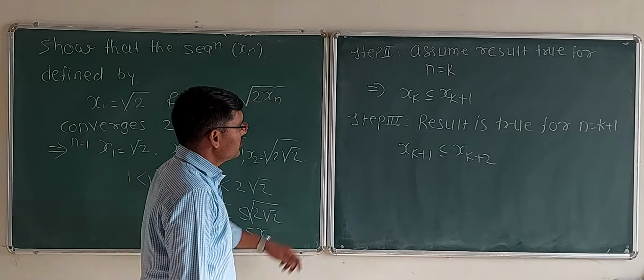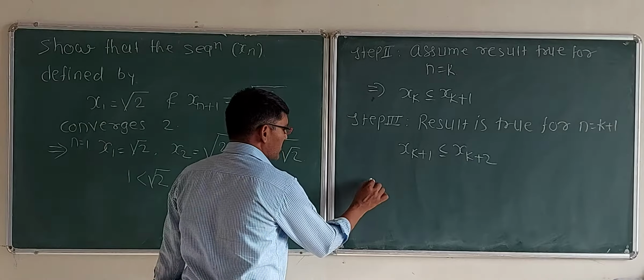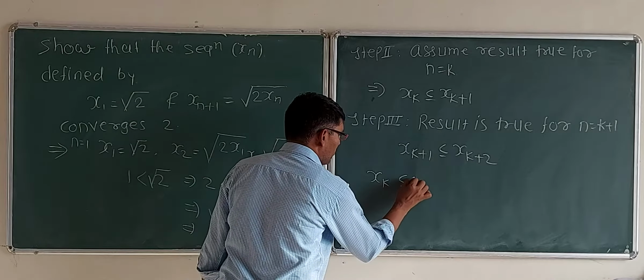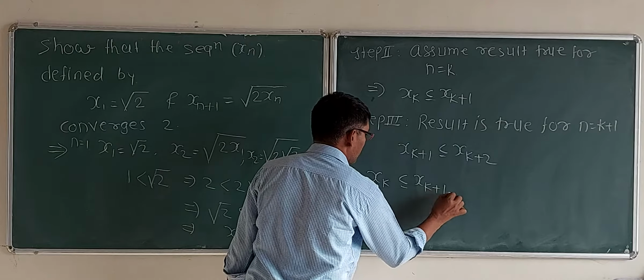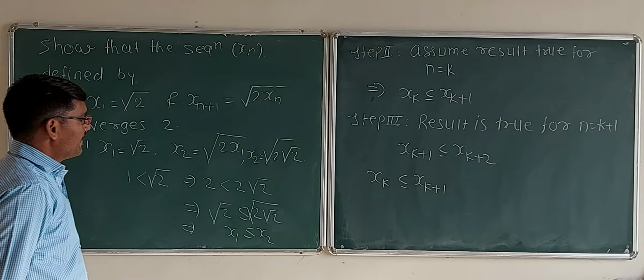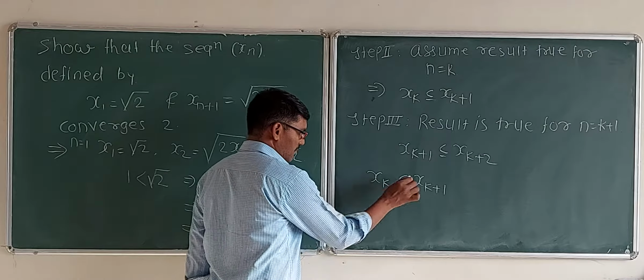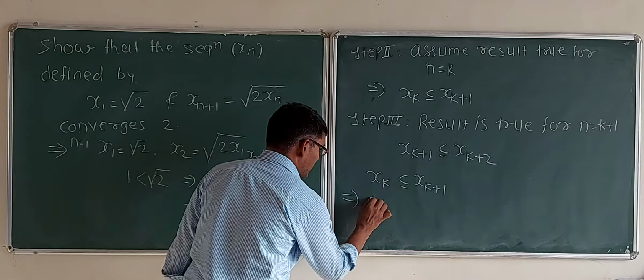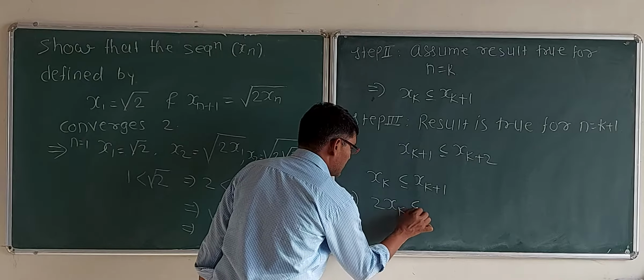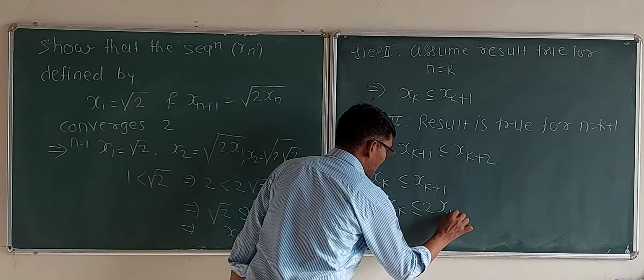Now, from step number 2, what is given? xk is less than or equal to xk plus 1. Now, multiply this inequality by 2. If you multiply by a positive number, the inequality sign remains the same. That is 2xk is less than or equal to 2 times xk plus 1.